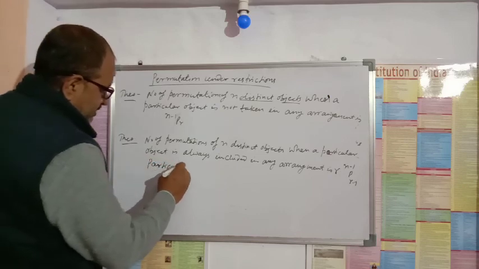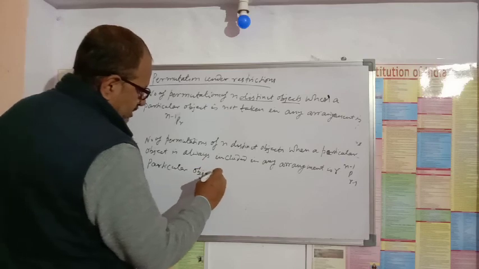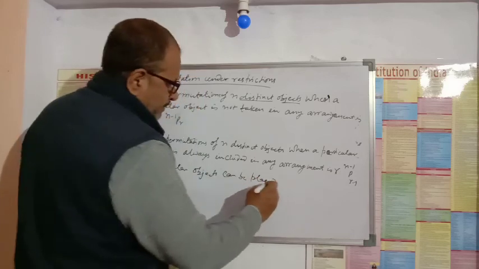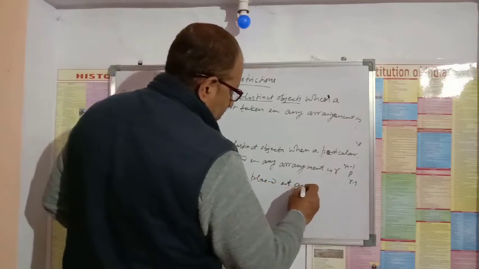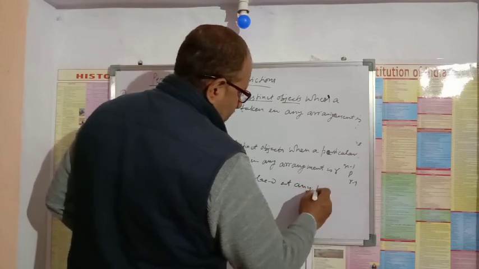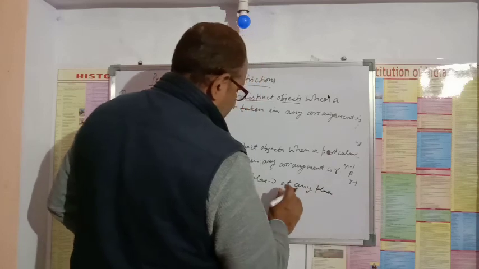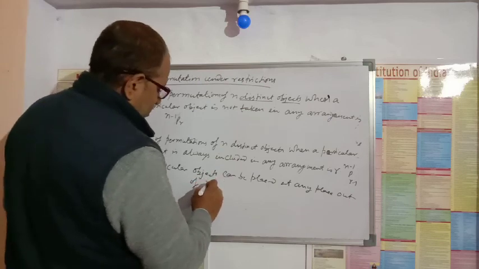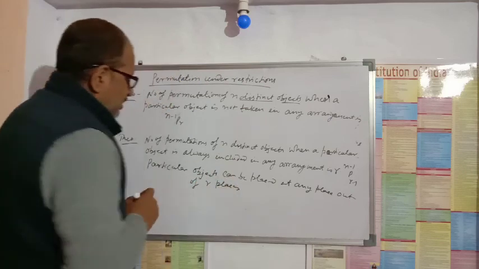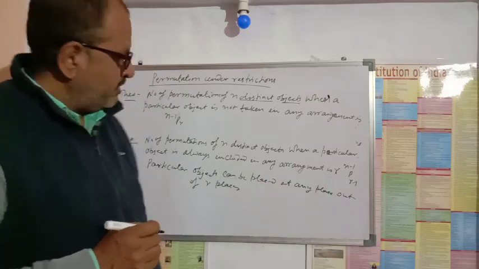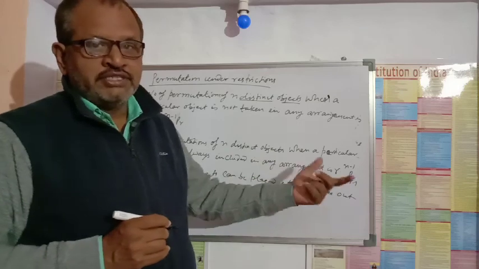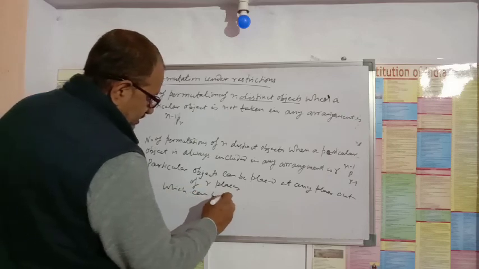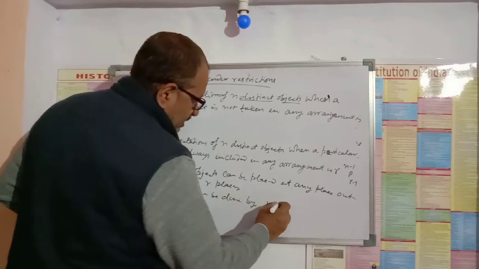The particular object can be placed at any place out of r places, meaning at first place, second place, third place, up to the rth place, which can be done by r ways.